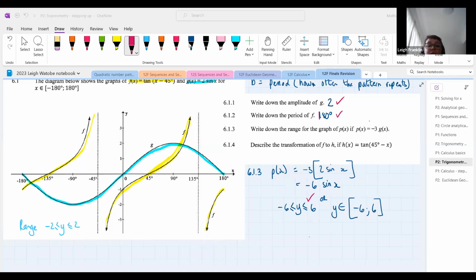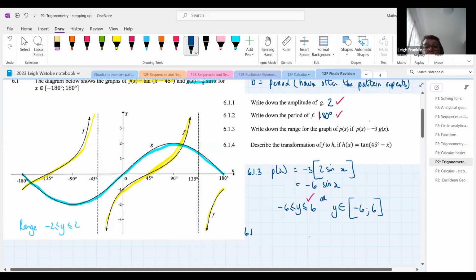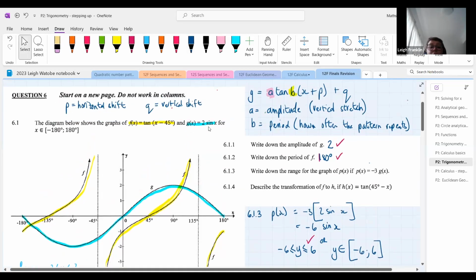And then question 6.1.4, the last question on this graph, asks us to describe the transformation of f to h, if h of x equals tan (45 minus x). All right, so let's go up and have a look. Let's compare what these two look like. So f of x is tan (x minus 45).